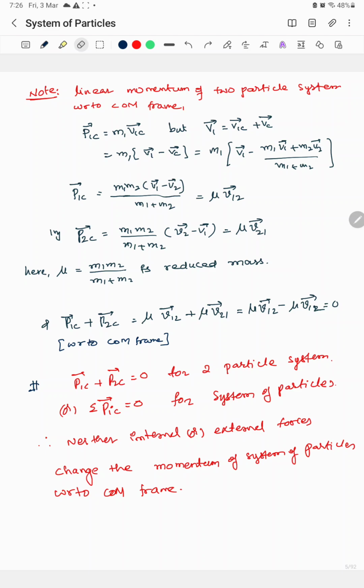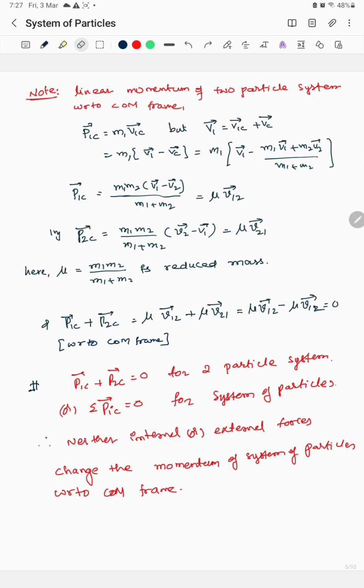This is called reduced mass mu, and here v12, 1 with respect to 2, as per the definition of relative motion. Now similarly we get p2c is equal to this reduced mass into 2 with respect to 1. Here 1 with respect to 2 when we calculated 1 with respect to C, then here 2 with respect to C means here. So you'll be getting, once you try, mu is equal to m1 m2 by m1 plus m2, the reduced mass.